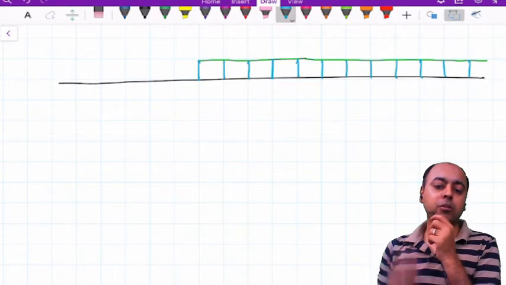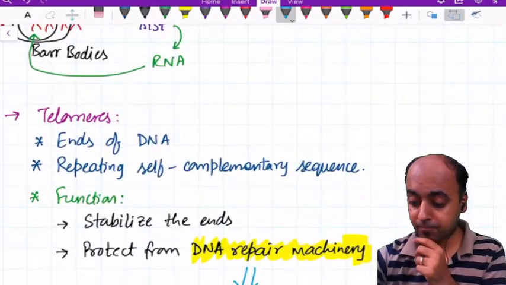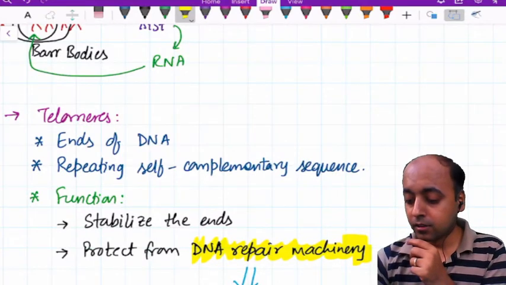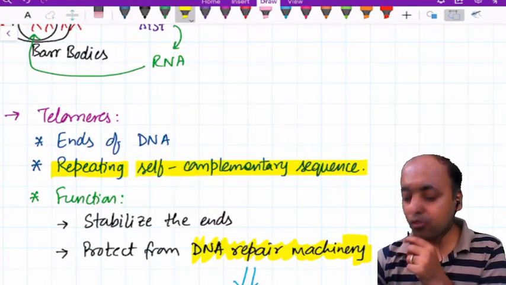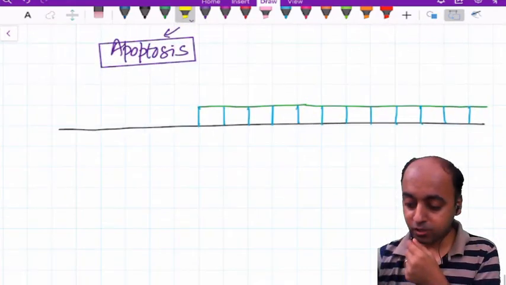Now remember one very important point which we had written previously. And what is that point? Repeating self-complementary sequence. What is the meaning of self-complementary? We'll see.